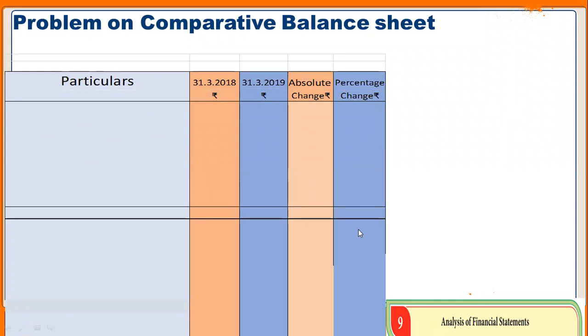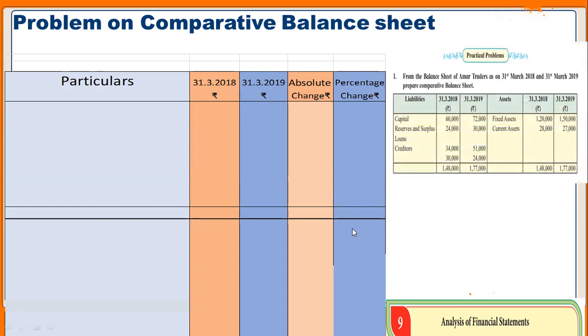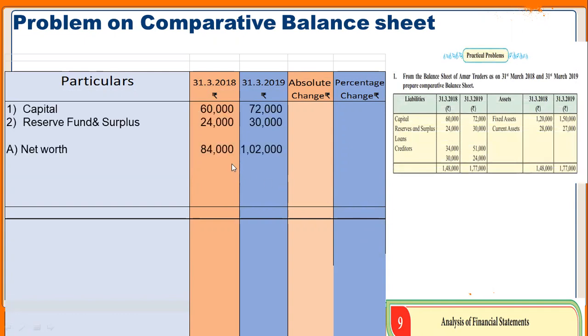Solution of comparative balance sheet. First, sources of funds, that is, liabilities items. Capital 60,000, 72,000. Reserve fund and surplus 24,000 and 30,000.